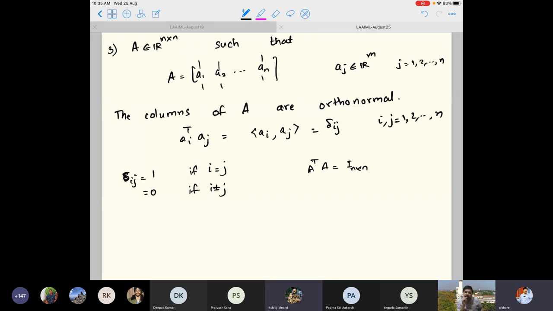Because of the independence dimension inequality. Correct. That tells you that you can have at most m orthogonal vectors, or basis vectors, or linearly independent vectors. So here n has to be less than or equal to m. It can be a square matrix or a tall matrix, but it cannot be a wide matrix given that the columns are orthonormal. That is something really important.